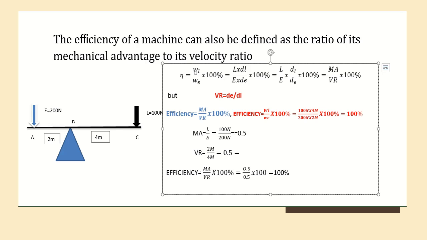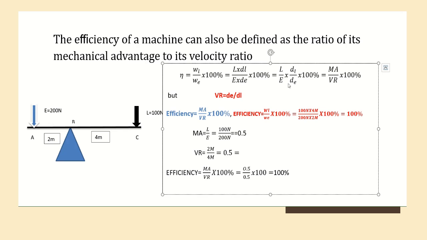Now, the workload, as we saw earlier, is load times the distance moved by the load, and the work effort is the effort times the distance moved by the effort. Now, we can separate these into two quantities: load divided by effort, times distance moved by load divided by distance moved by effort.